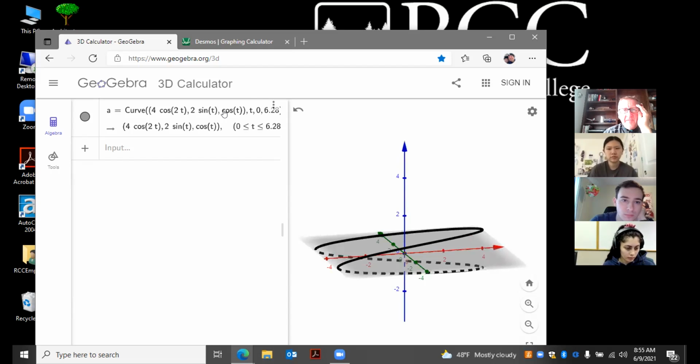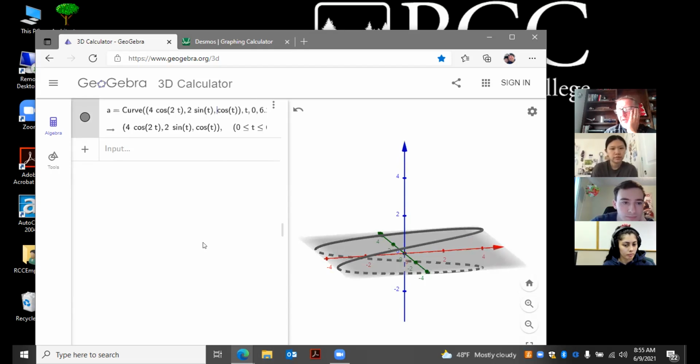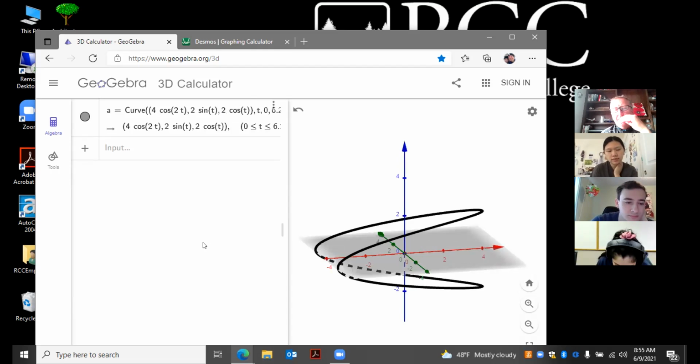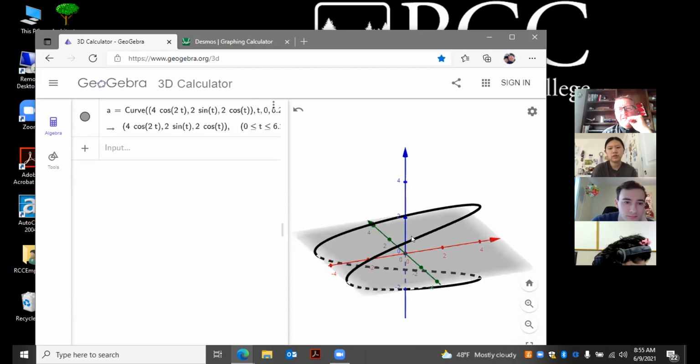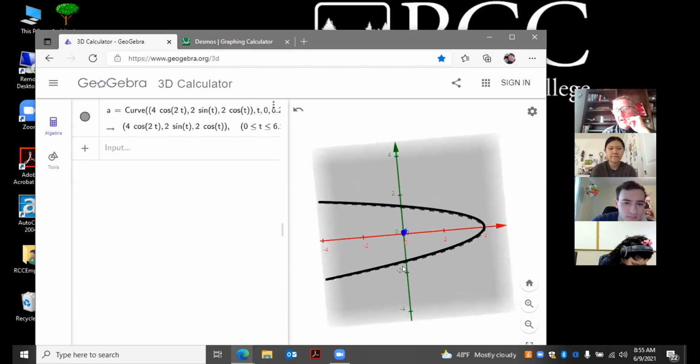And of course, what's going to happen if I throw a 2 in front of that cosine? It's going to move it over 2. Notice all the Z coordinates just got 2 times bigger.